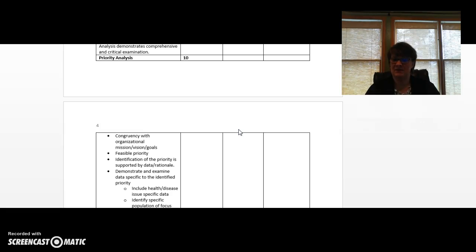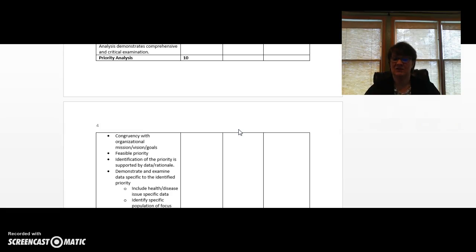So keep that in mind. This assignment is based on allowing you to develop a proposal so that it can actually be implemented in practice. So make sure that you're really defining what's going on and making sure that it is a very feasible factor that you're looking at to move forward.